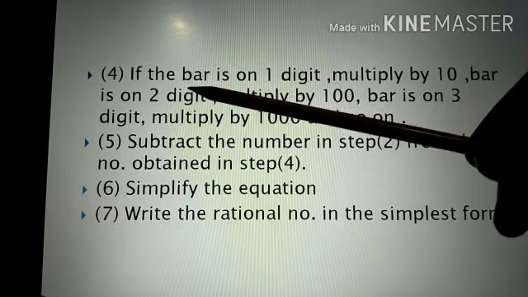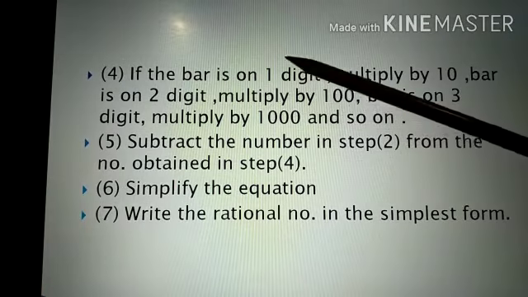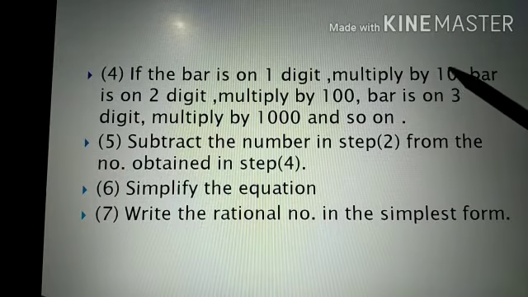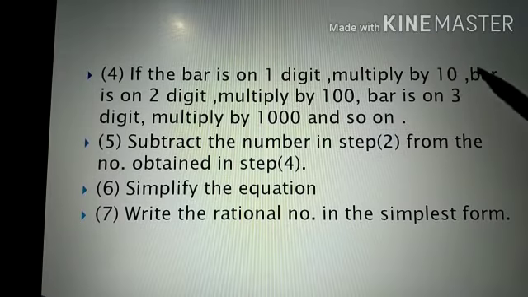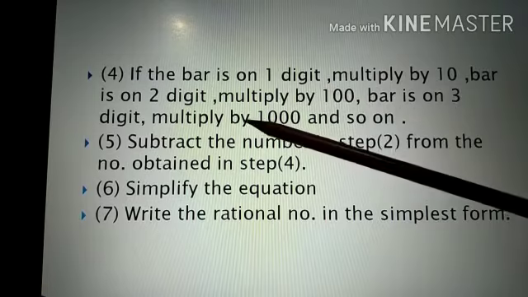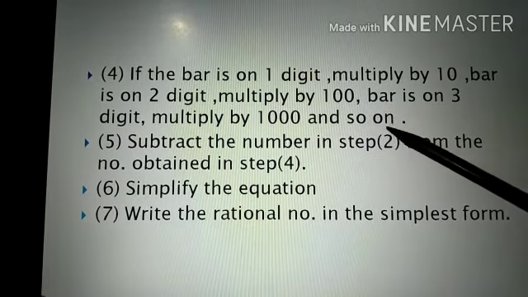In the fourth step, if the bar is on one digit, then we have to multiply by 10. And if the bar is on two digits, then we have to multiply by 100. If the bar is on 3 digits, then we have to multiply by 1000 and so on.